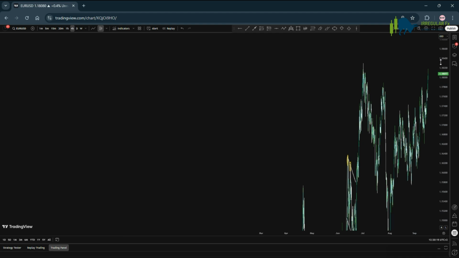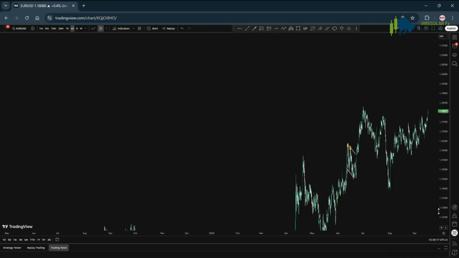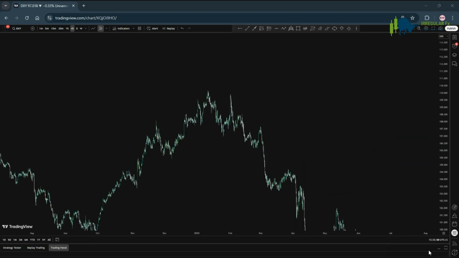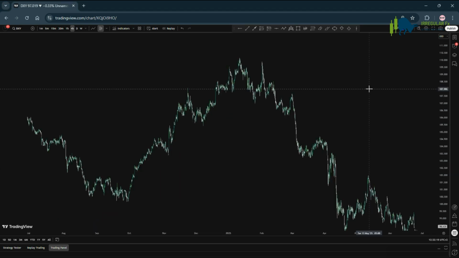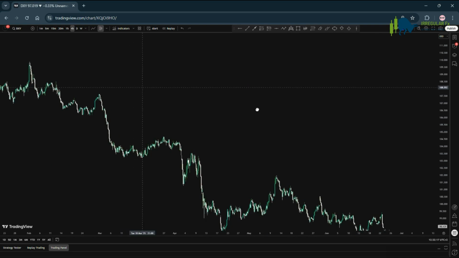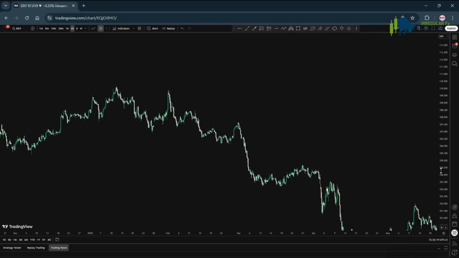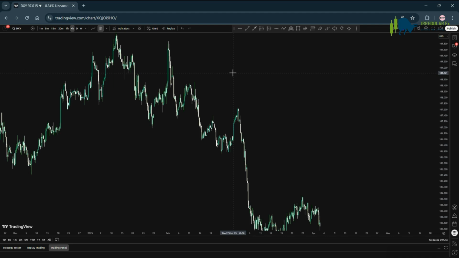Let's go and try to identify the bearish continuation patterns. For the bearish continuation, we're on the DXY. Obviously we start from the high, then we go all the way down.